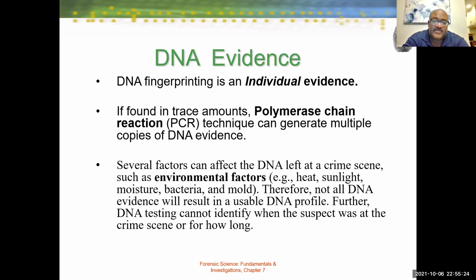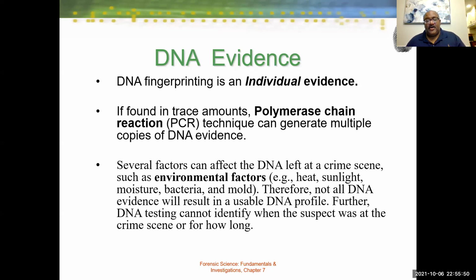There are several factors that affect DNA left at a crime scene. This is why it's so important to follow the rules for collecting, protecting, and preserving evidence. Heat, sunlight, moisture, bacteria, and mold are all factors that can render the evidence not usable.